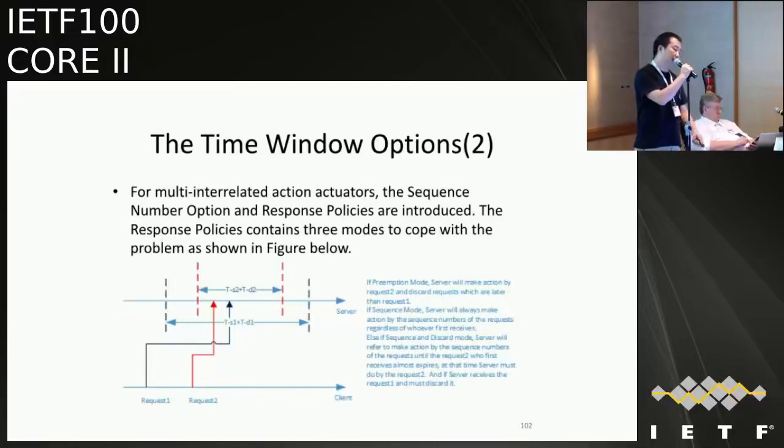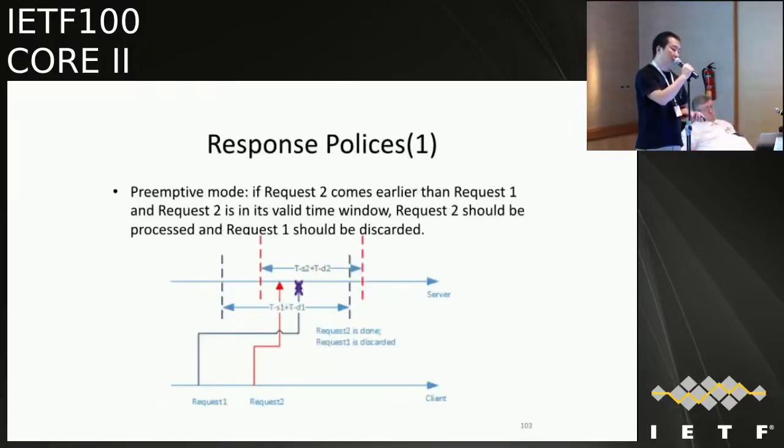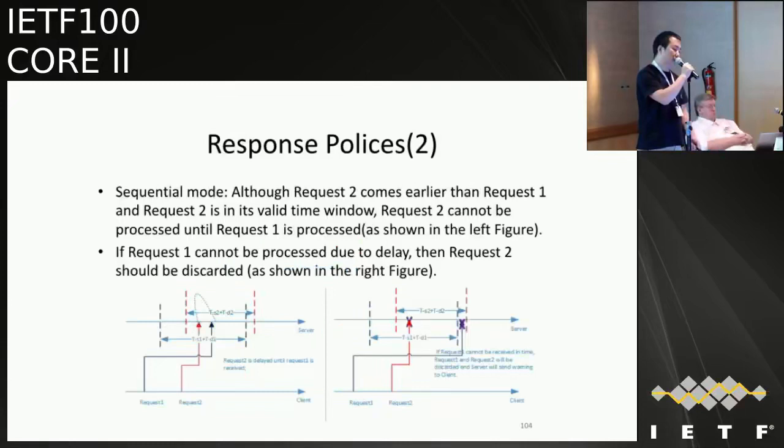If some actions are multi-interrelated, we give three kinds of response policies. The first one is primitive mode. This means if a new message arrives with this primitive mode option, then the server should discard all the previous messages in the queue and process this one. The second one is sequential mode, just as I mentioned in the AGV cases.